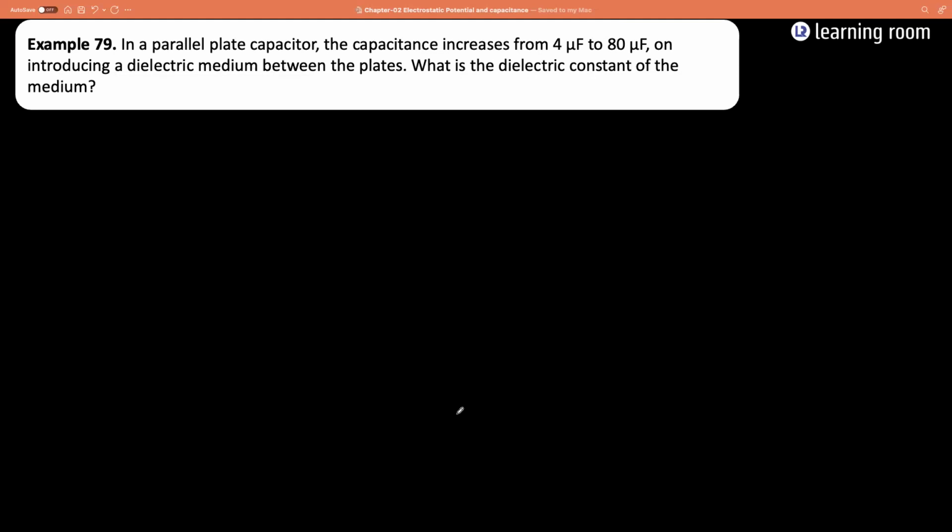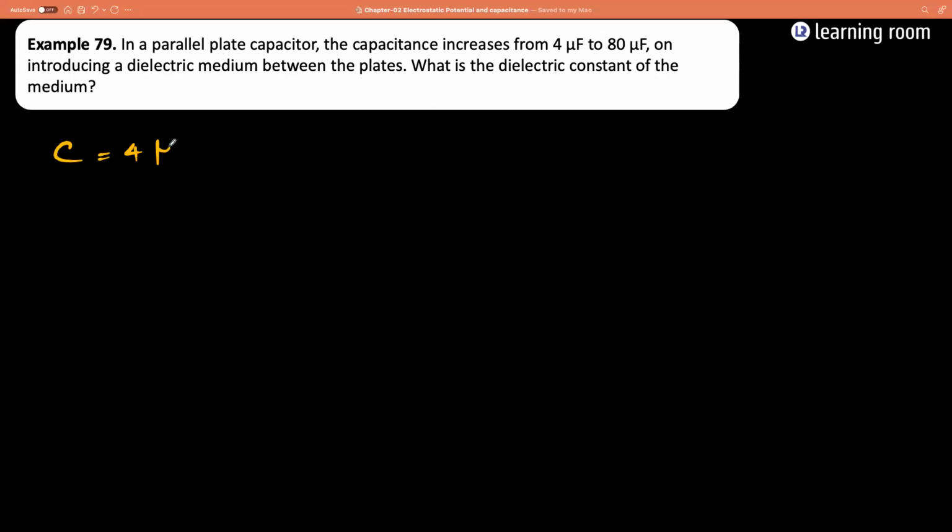So example 79: in a parallel plate capacitor, the capacitance increases from 4 microfarad to 80 microfarad on introducing a dielectric medium between the plates. What is the dielectric constant of the medium? You can do it in 10 seconds. Sir, 20. Correct.